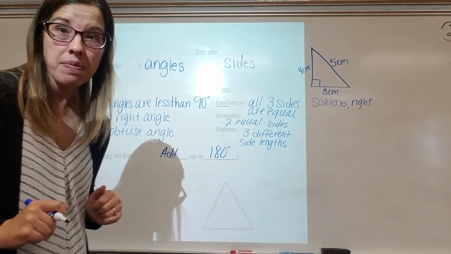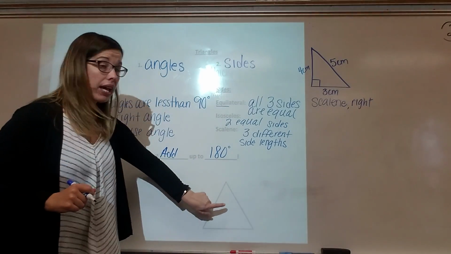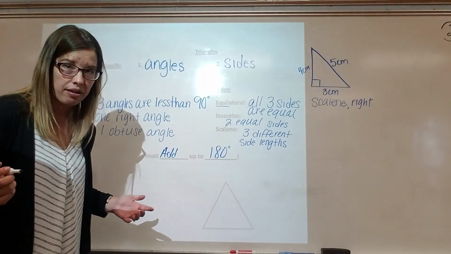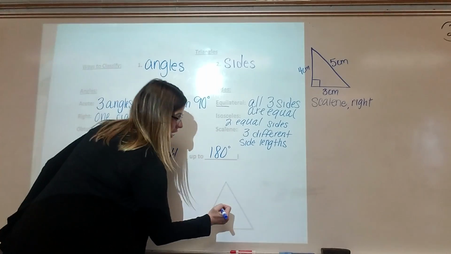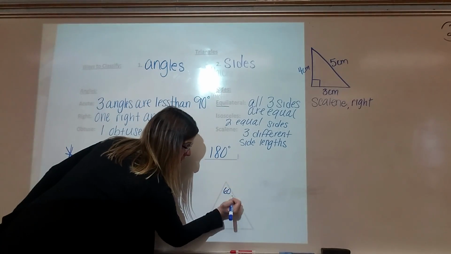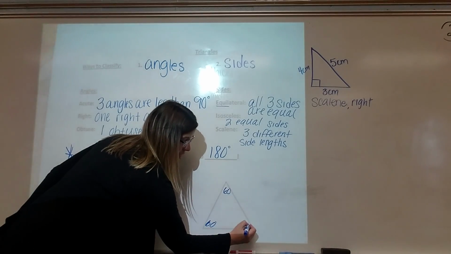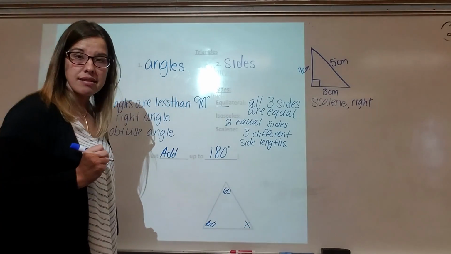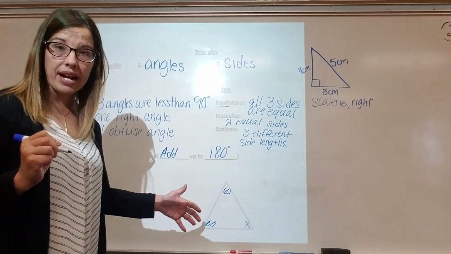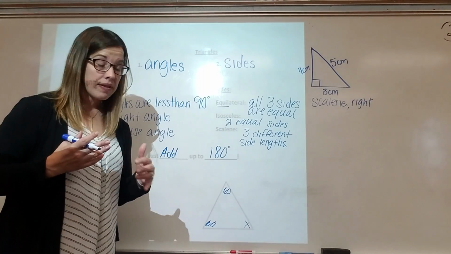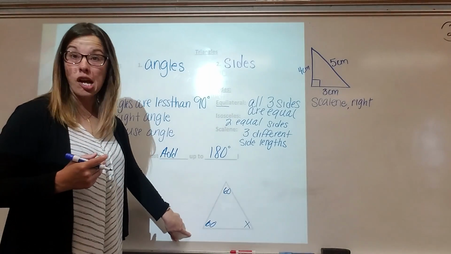So if we would look at this one right here, it kind of looks like an equilateral triangle, okay? So if I say this angle here is 60 degrees, this angle here is 60 degrees, and this angle is x, okay? And we have to find x. Well, we know that the three angles have to add up to 180. So we add the two angles that we know, okay?